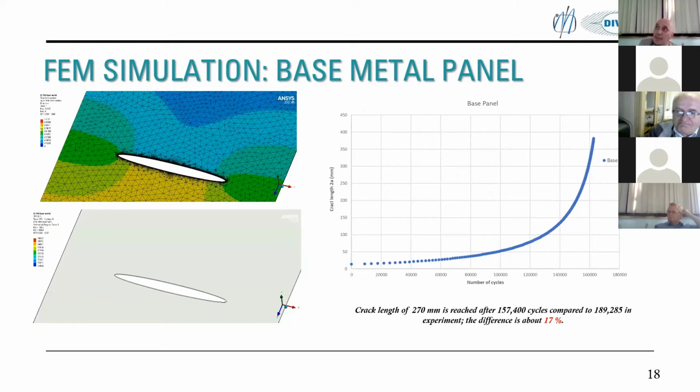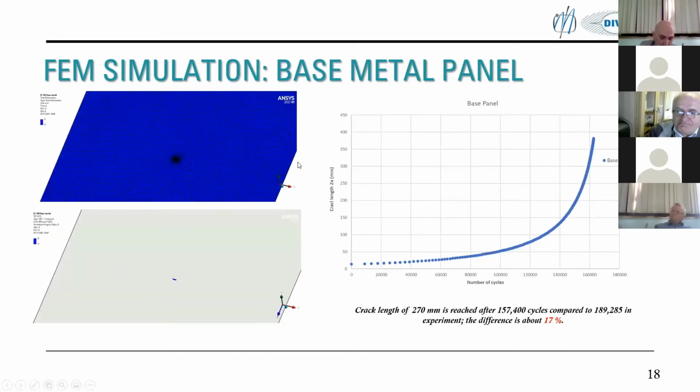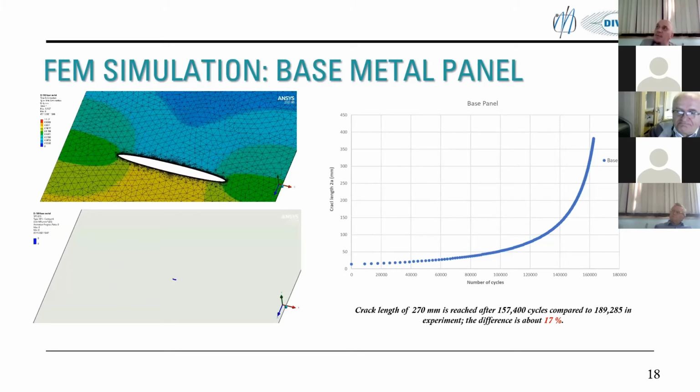I didn't emphasize this, but I believe that most of the listeners understand the difference between XFEM and FEM. Here you can see during the crack growth that the number of nodes around the crack is increasing because the mesh is changing with every step of the crack growth.